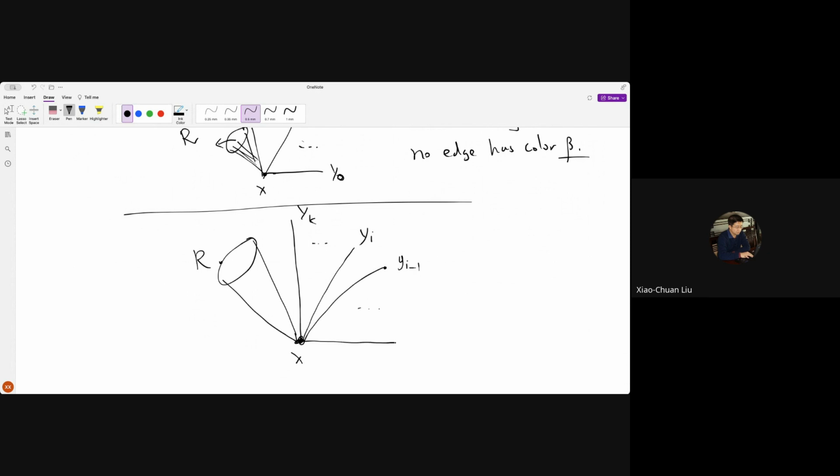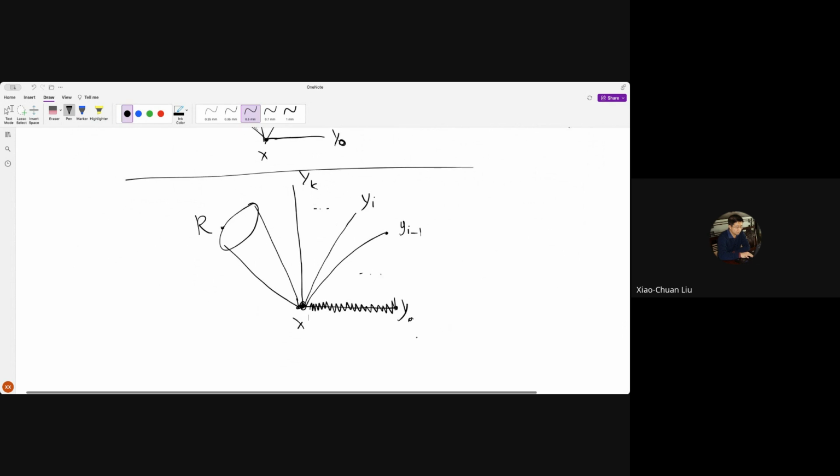And here in the original graph, we have taken out this edge. This thing is called Vizing's fan. It's like a fan, like a ventilator, right? Vizing's fan.